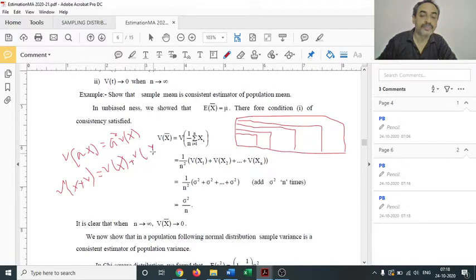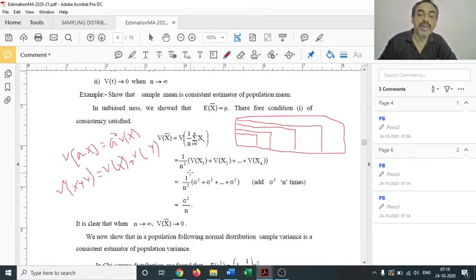So here 1 by n square comes outside and variance of the sum becomes sum of variances because the variables representing the sample are independent, because we draw the sample in a random scheme. Therefore, never will the value of one variable indicate the value of the second variable. That's why we say the sample is random and that's how they become independent.